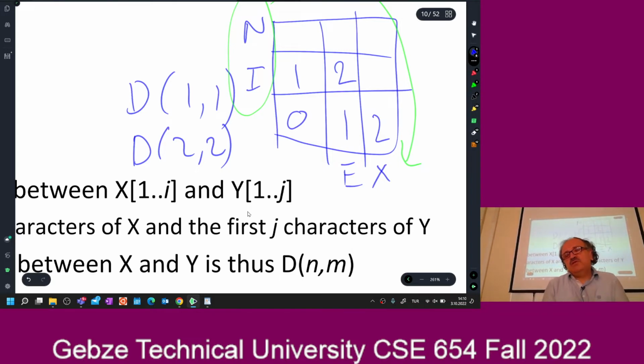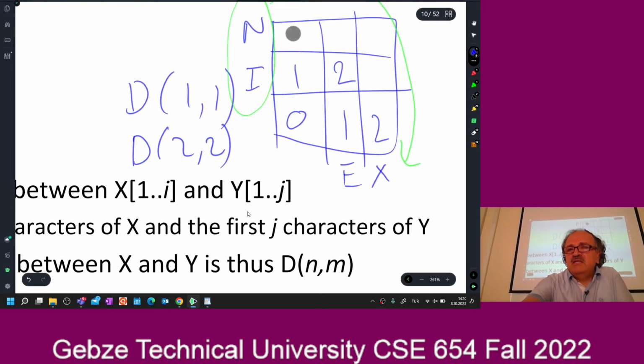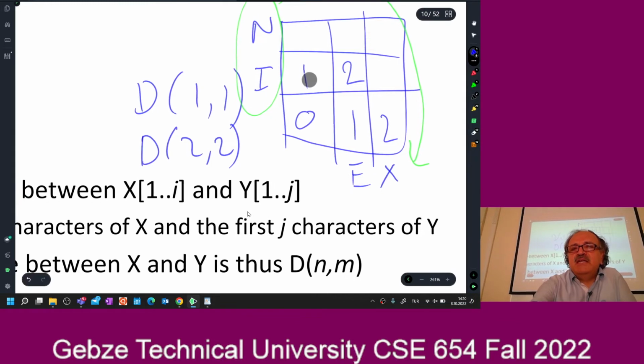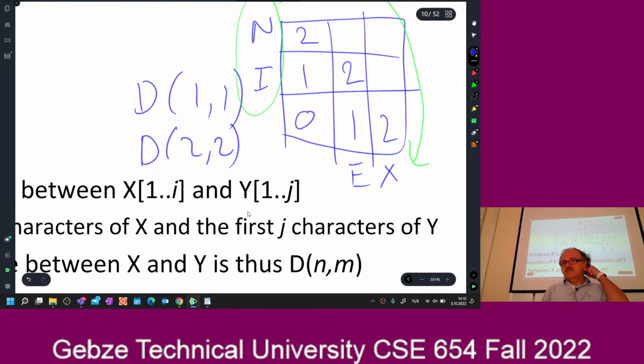So that's the solution to edit distance between a null string and EX. Do the same thing here. How do you reduce this word into a null string? I already did this. I am going to add 1 to it. It is just 2.